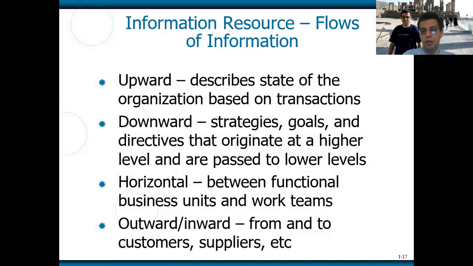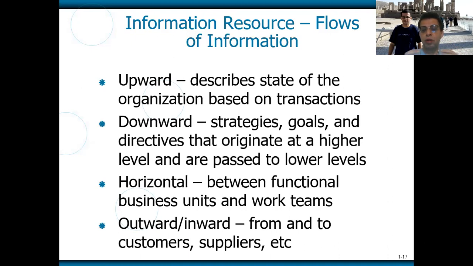Now, information resource flow. In this chapter we're just going to go over it very quickly, but later on we will go deeply into each one of them. The flow of information: there is the upward flow, which describes the state of the organization based on transactions. Then you have the downward flow, which is strategies, goals, and directives originated at the higher level.